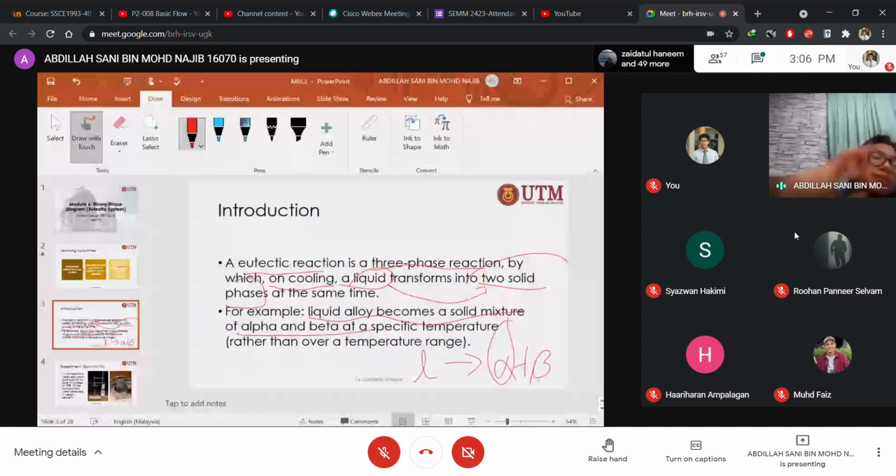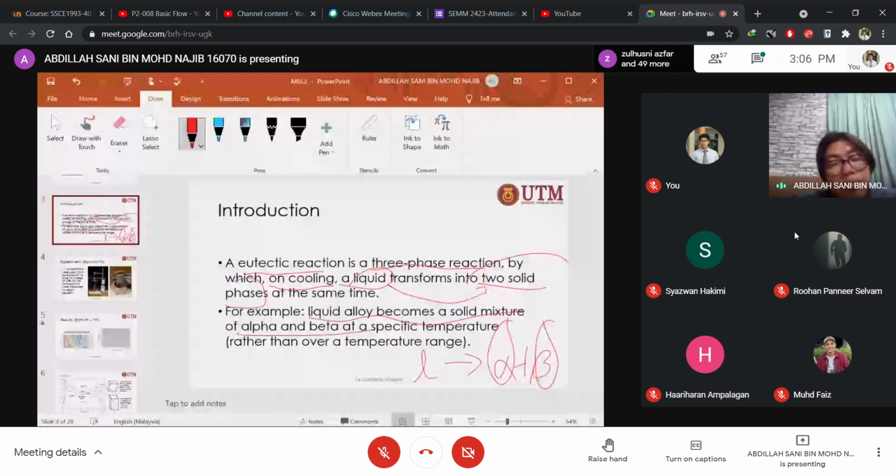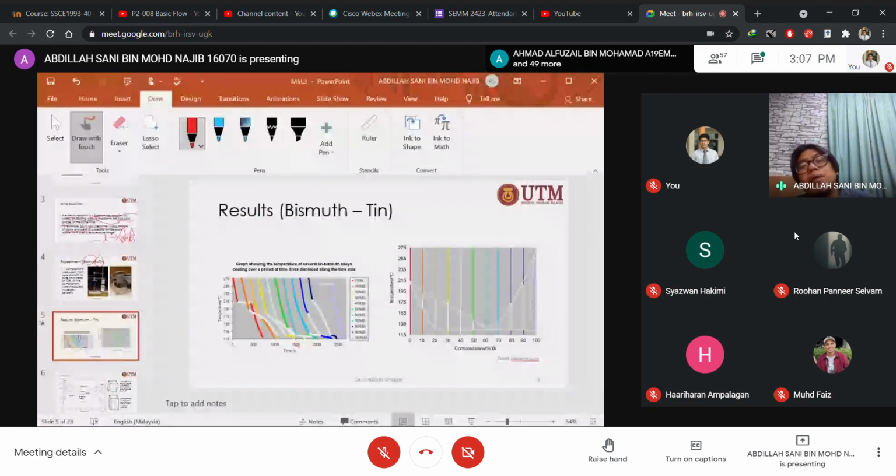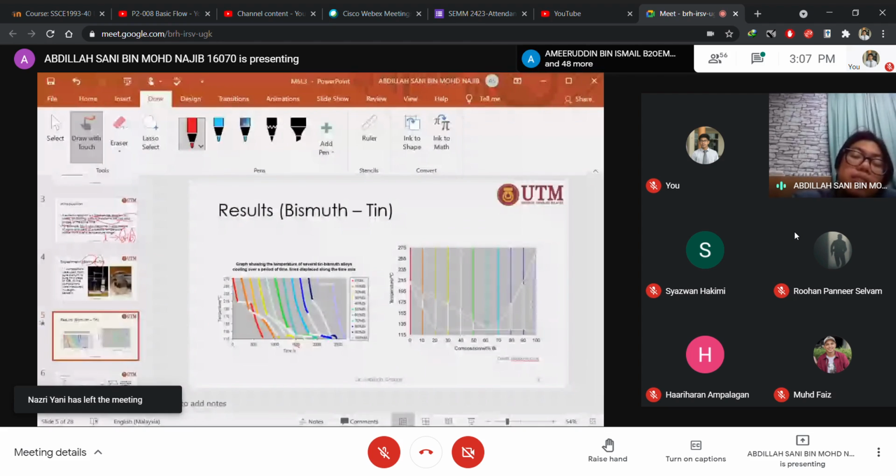And for example, we have bismuth and tin. Experimentally, we add bismuth and tin with various compositions. We will get something like this, the cooling curve, and we remove the time and translate that into the phase diagram.